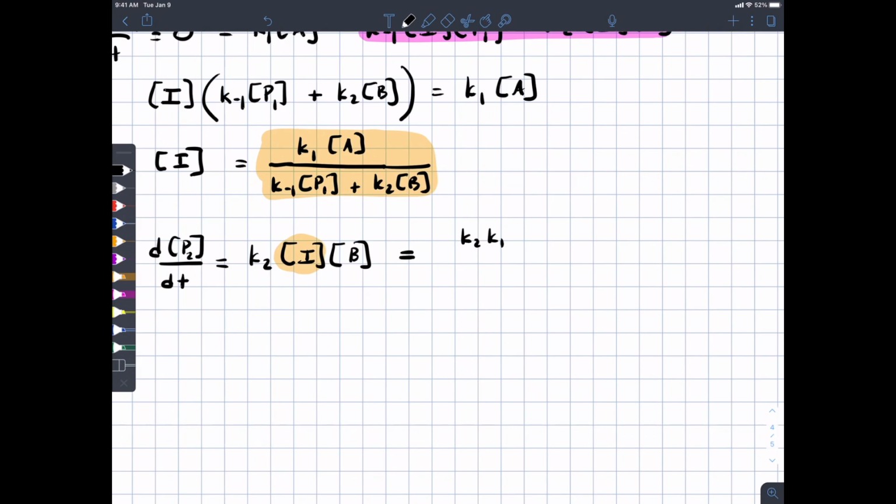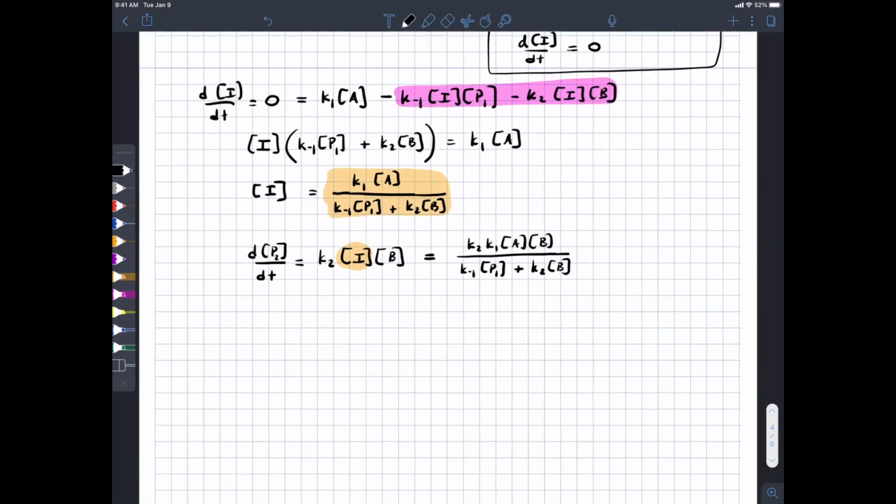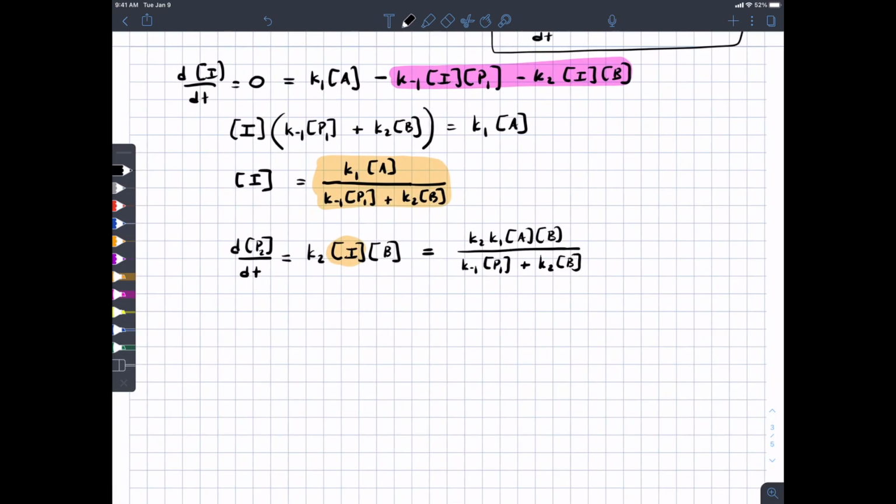K2 times K1 times the concentration of A times the concentration of B divided by K minus 1 times the concentration of P1 plus K2 times the concentration of B. That is our steady state approximation rate law.